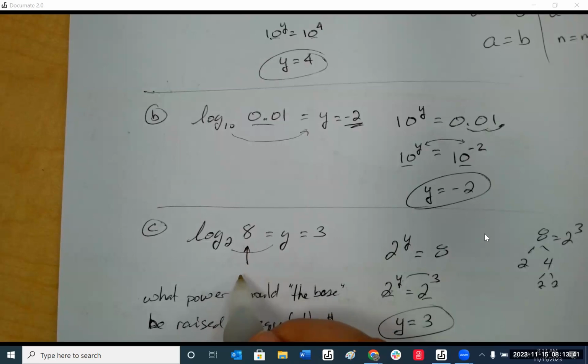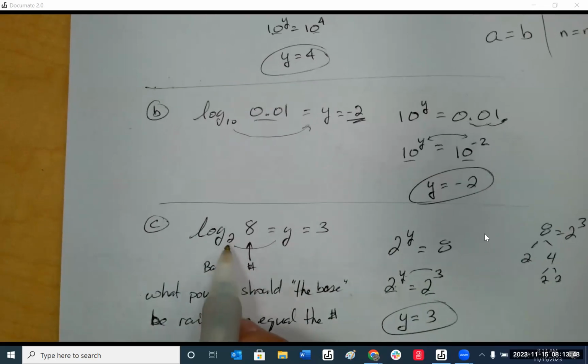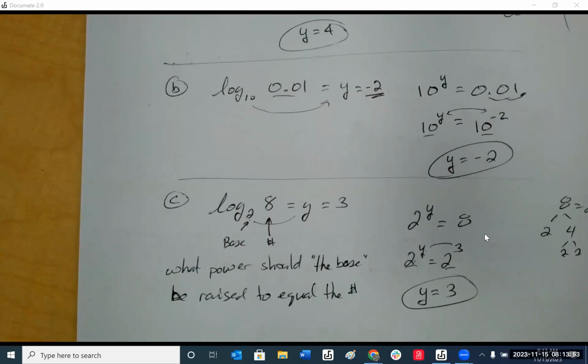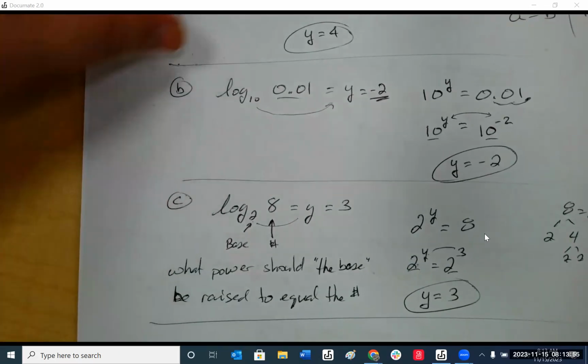I'll call that the number, and this is the base. So what power should 2 be raised to equal 8? It should be raised to the third power. So that's really what it means with logarithmic equations.